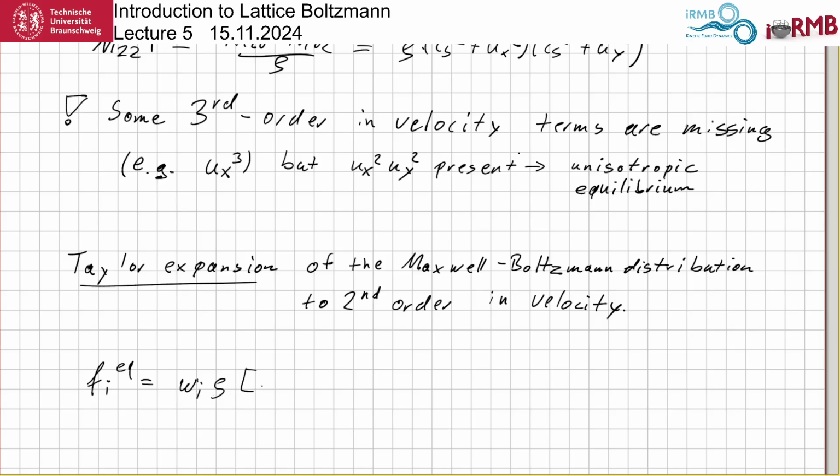W_i rho times (1 plus... ). Okay. By the way, I used the version as originally written down with one index, where we have an e directional vector times the velocity vector, divided by c squared.